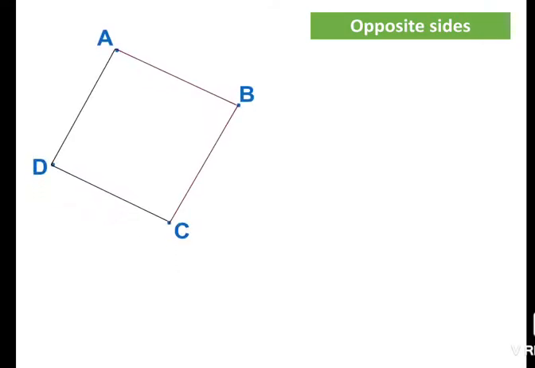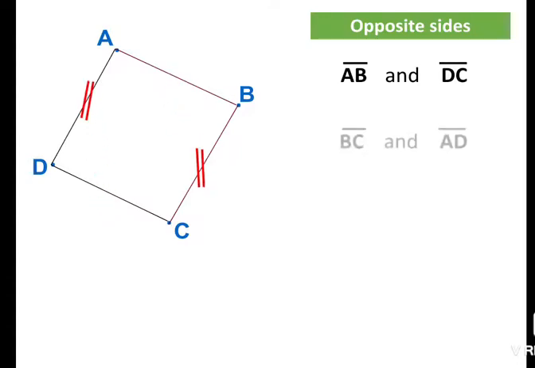Next, opposite sides. Very simple, we can identify opposite sides. Consider line segment AB. Then DC is opposite. AB and DC are opposite sides. Then next, BC and AD are opposite sides.